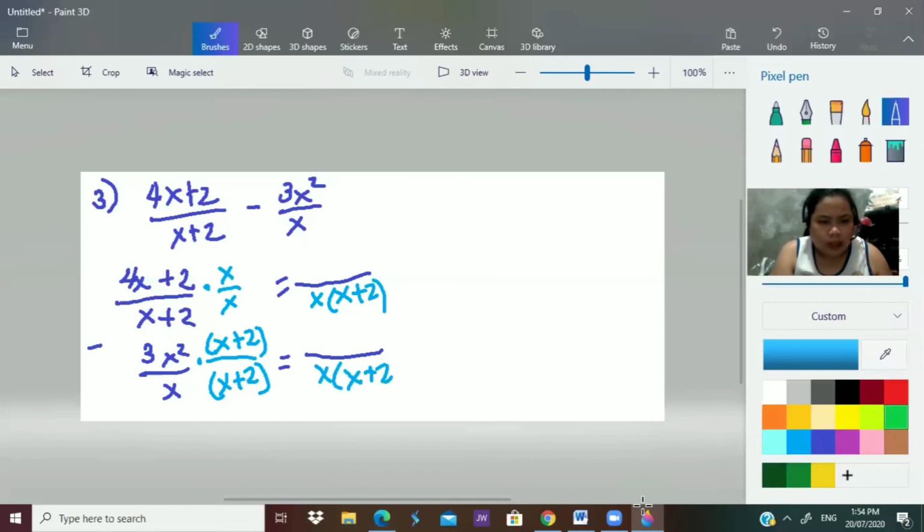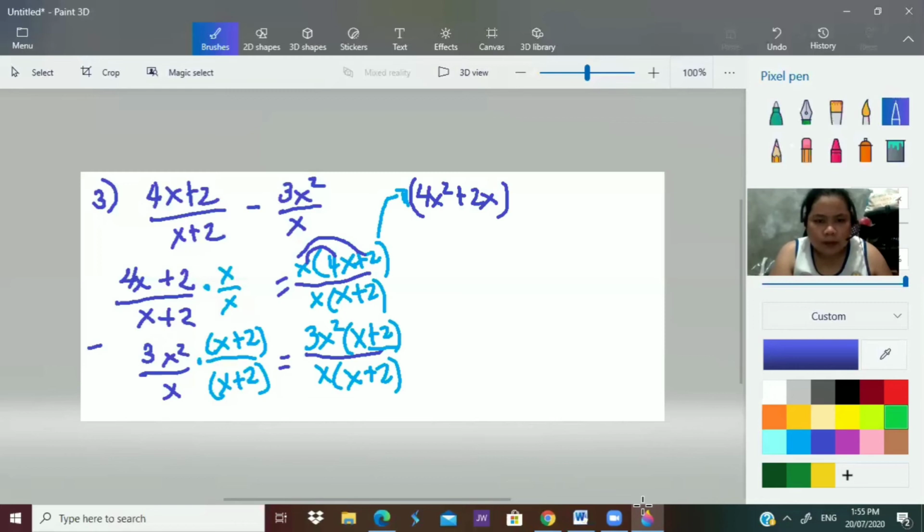So, parehas na sila ngayon ng denominator. So, you have now x times 4x plus 2 and you have 3x squared times x plus 2. Okay. So, simplify natin. So you have now 4x squared plus 2x.